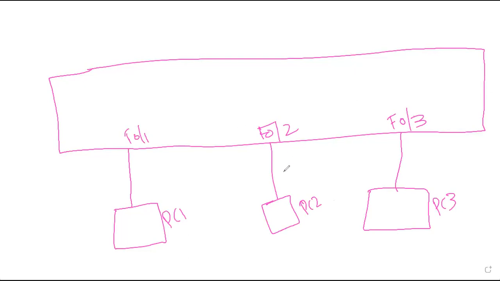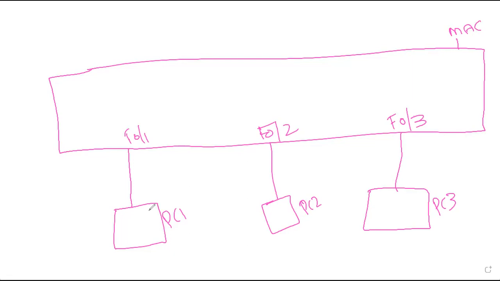So when we connect a PC to the switch, as I said, the switch will talk based on MAC address. The system will understand the traffic based on the MAC address.